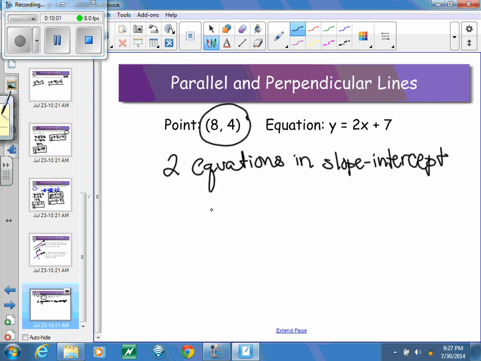One of them is going to be parallel to the line y equals 2x plus 7. The other is going to be perpendicular to y equals 2x plus 7.